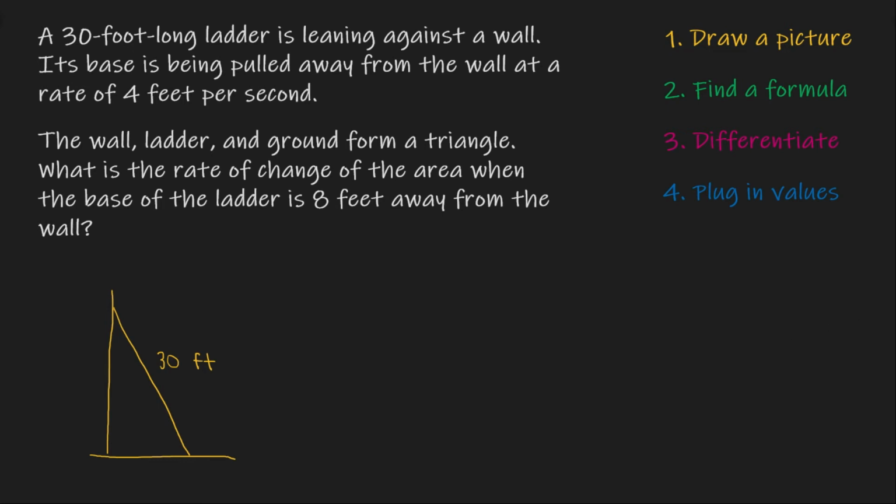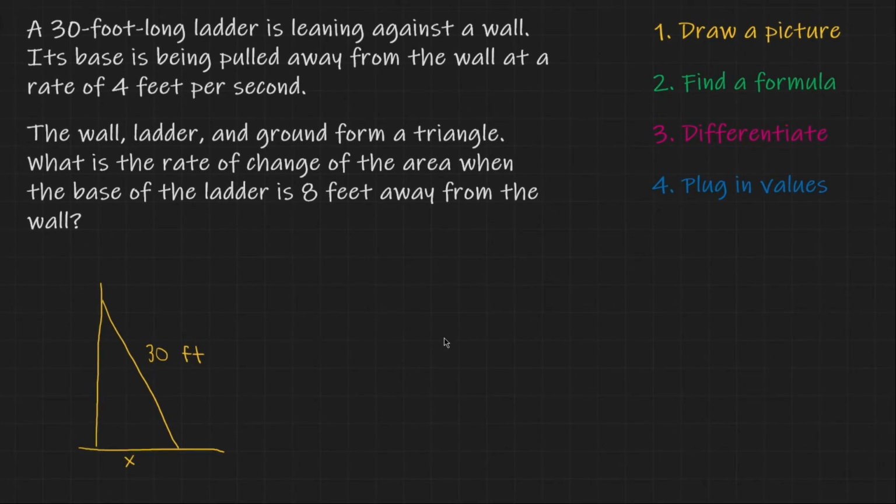So we'll label this distance x. And it tells us that the rate at which x changes is going to be 4 feet per second, just like last time. So dx over dt is going to be 4 feet per second. And this time, it tells us that the wall, ladder, and ground form a triangle.